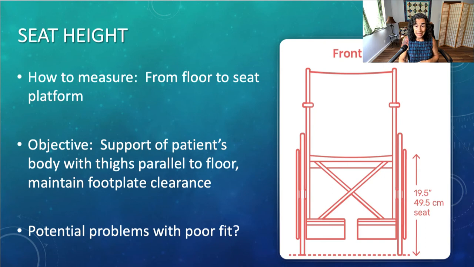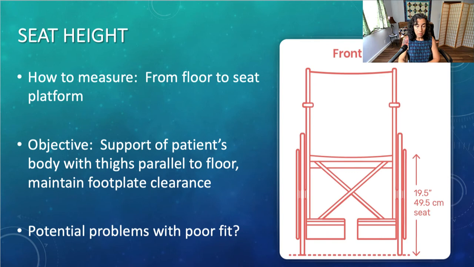Then we have the seat height. How to measure: from the floor to the seat platform. And we don't want to measure, as I said earlier, from the middle of the sling seat where it could be a little bit lower. We want to measure from the rigid part of the seam of the seat where the actual seating material is attached to the frame. The objective is to support the patient's body with thighs parallel to the ground or floor and to maintain that foot plate clearance that we just talked about.